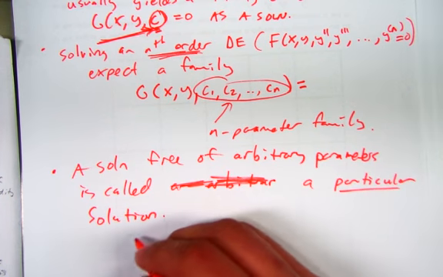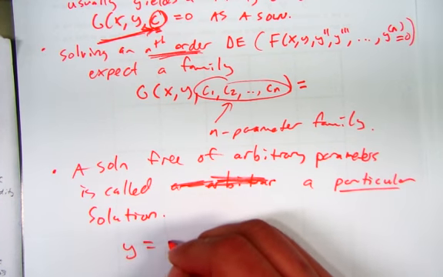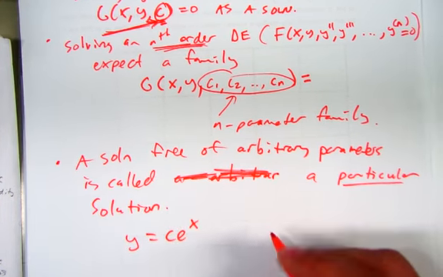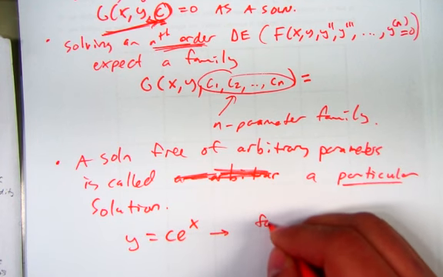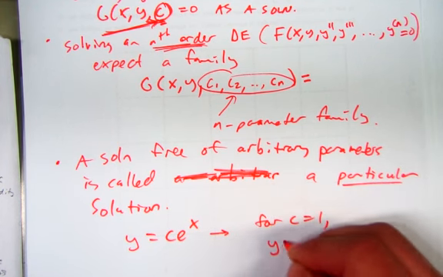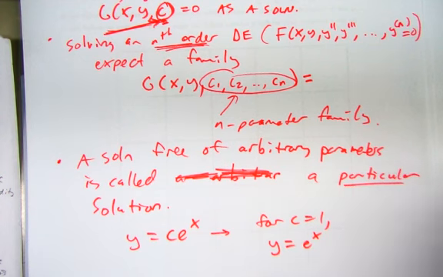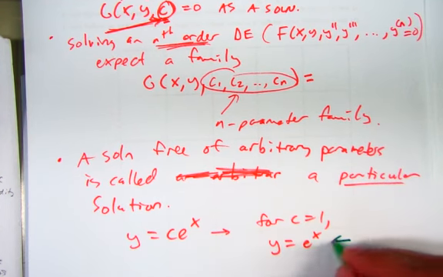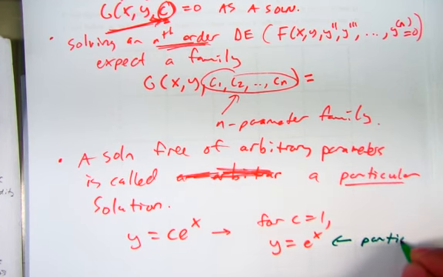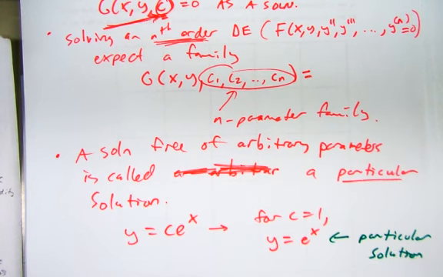So, for example, if we have y equals c e to the x, and then for c equals 1, we have y equals just e to the x, this is a particular solution of whatever differential equation that is.